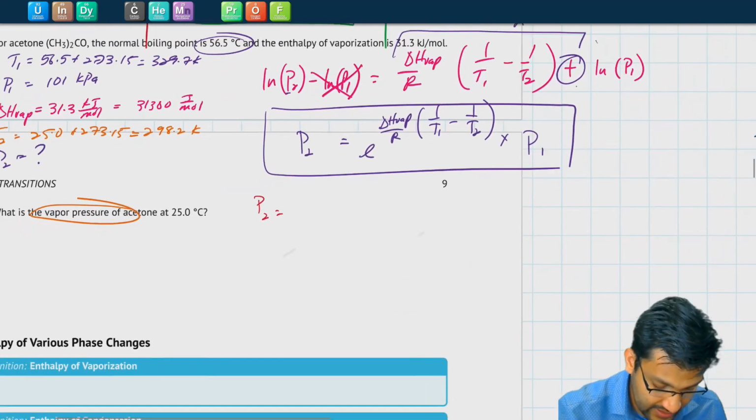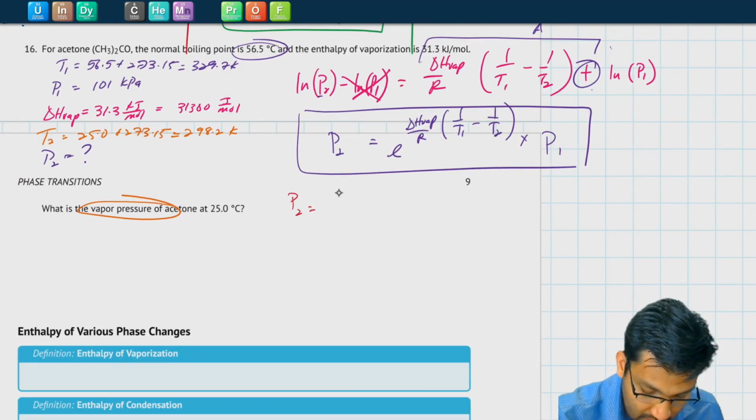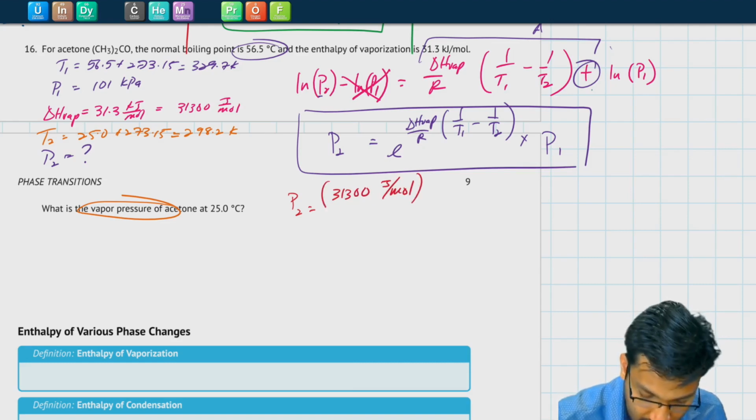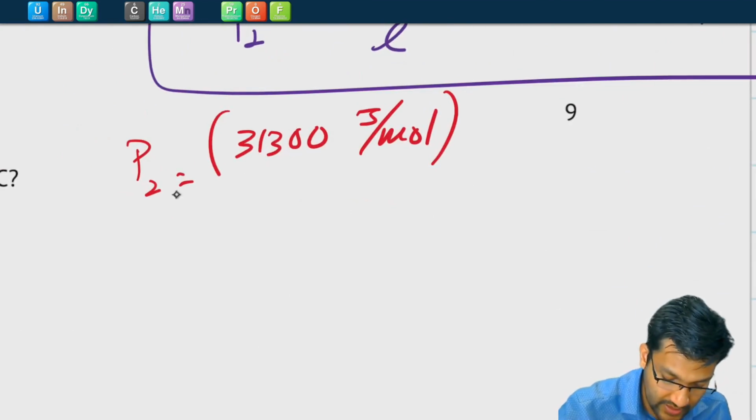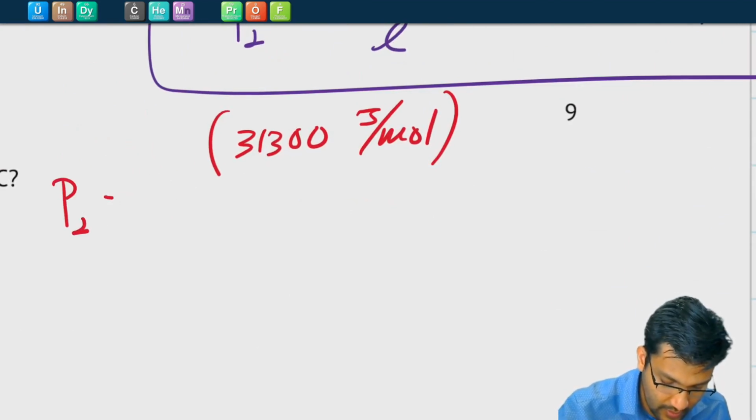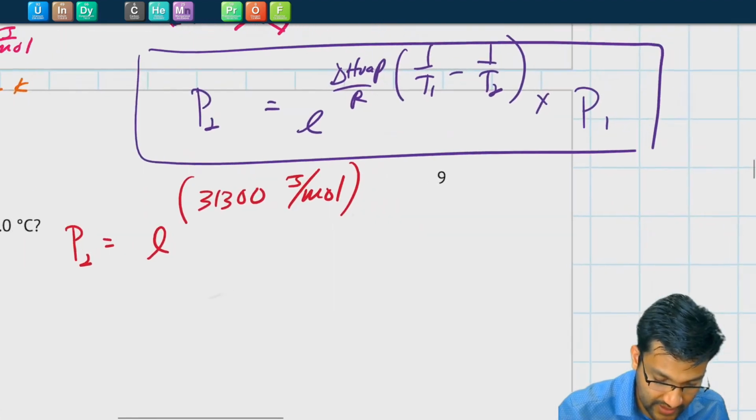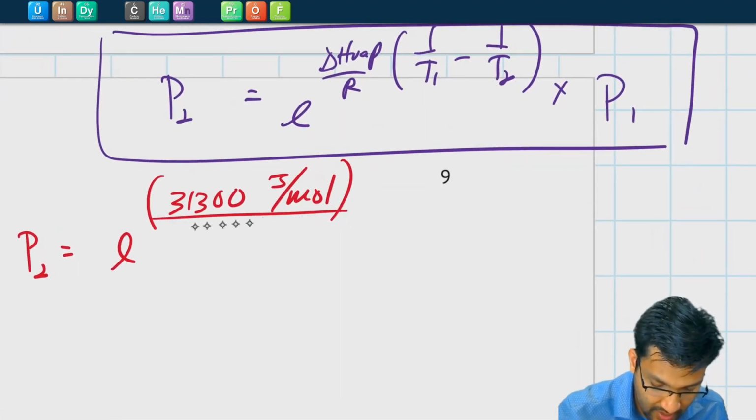The delta H of vaporization, they tell us, was 31300 joules per mole. So, hang on, this should all be in an exponential, so let's make sure we put the e there for the exponential. So it's all of this divided by R, which is 8.314 joules per mole per kelvin.